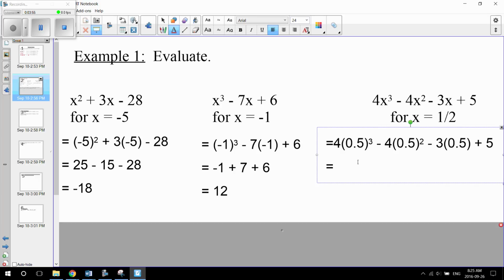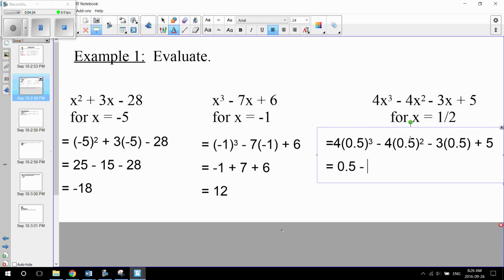Now to evaluate that out, we're going to do 0.5 cubed and multiply it by 4. So 0.5 cubed is 0.125, and we're multiplying that by 4, which gives us just 0.5. Then we have 0.5 squared, which is 0.25.